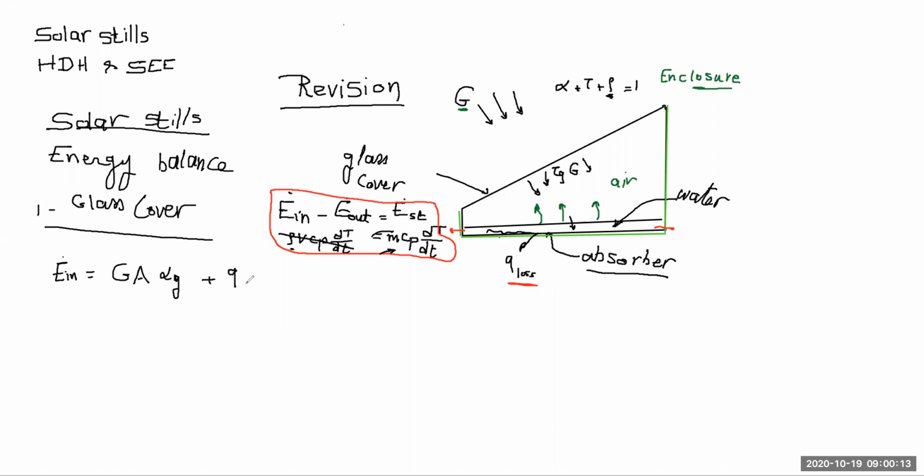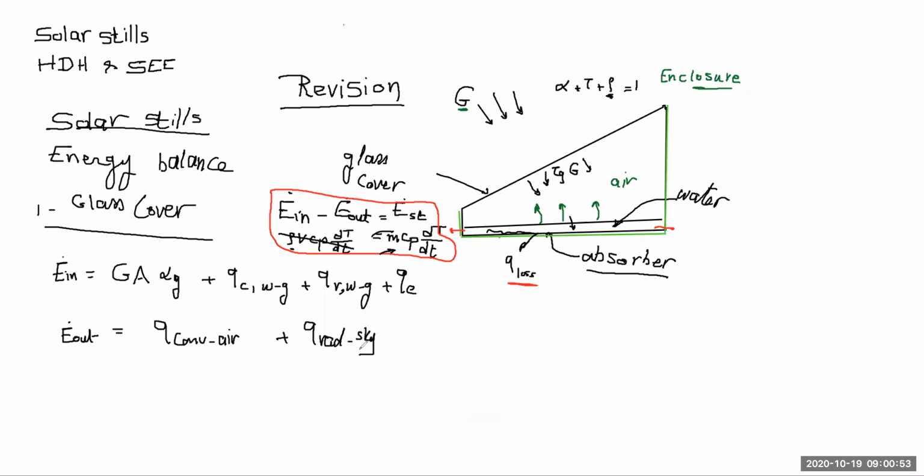So it will be Q convection, water to glass, the same expression that we have written before, Q radiation, water to glass, and Q evaporation from the water. So these are the energies into the glass. The energy out will be basically Q convection to the air, and Q radiation to the sky.